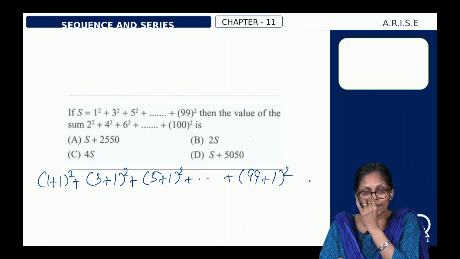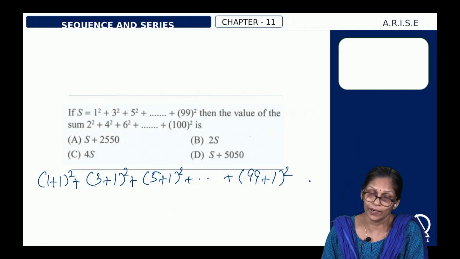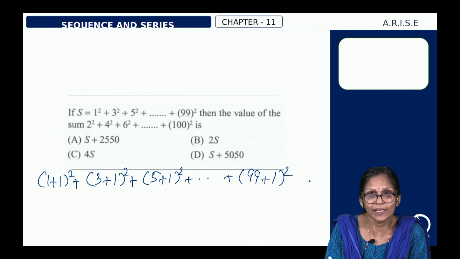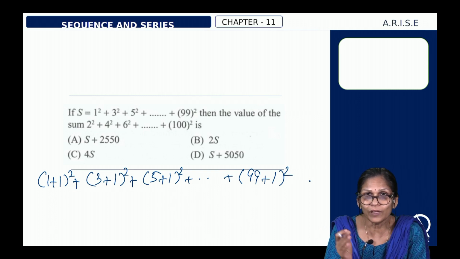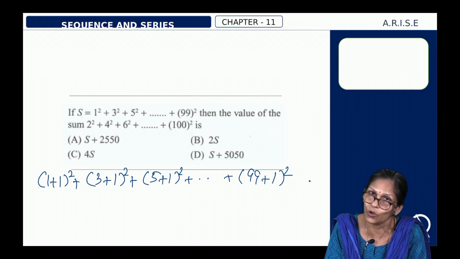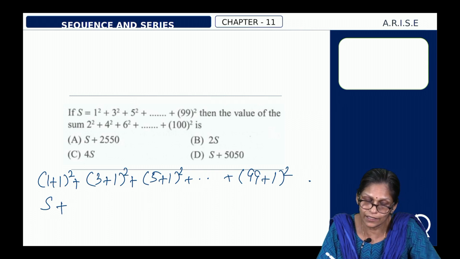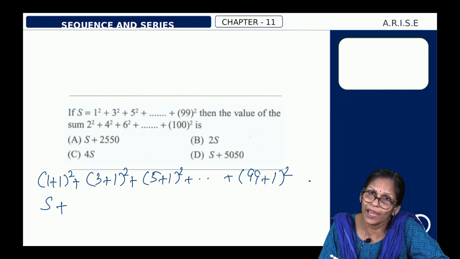Now, expand a plus b the whole squared, which is a squared plus 2ab plus b squared. So, from each of these brackets, group the first terms. What are the first terms? 1 squared plus 3 squared plus 5 squared plus 99 squared. Isn't that your S in your question? Plus. Now, group the second terms. What are they? 2ab terms.